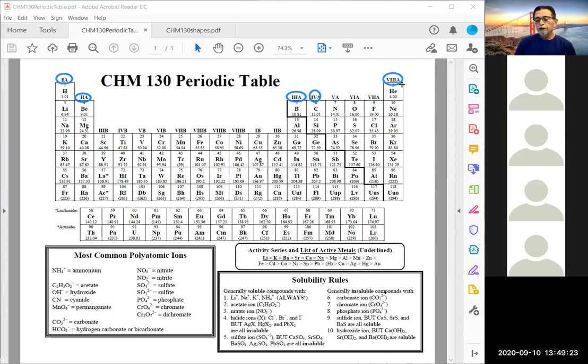I'm going all the way across to group 8A, okay? Those are the noble gases. With the exception of helium, He, number 2, which only has 2 electrons in the outermost shell, just 2. But everybody else, starting with number 10, neon, argon, krypton, and so forth, they all have 8 electrons.